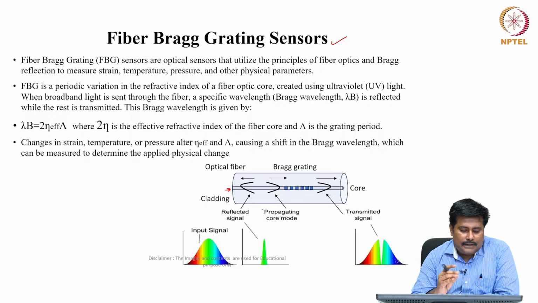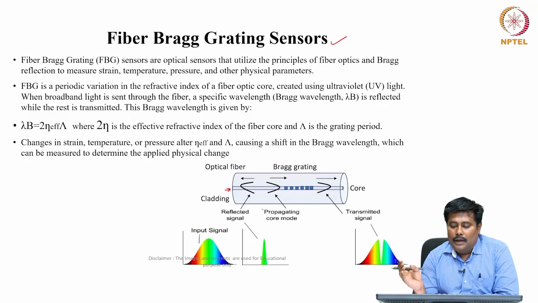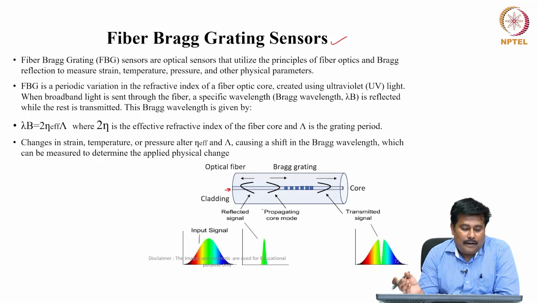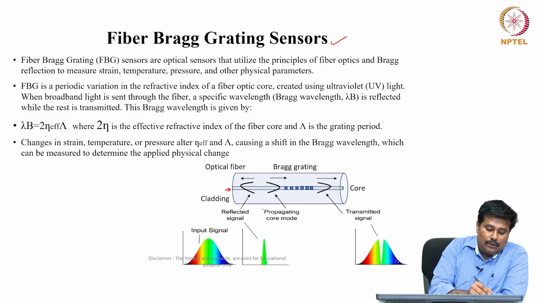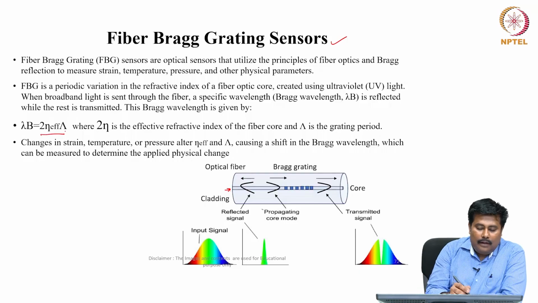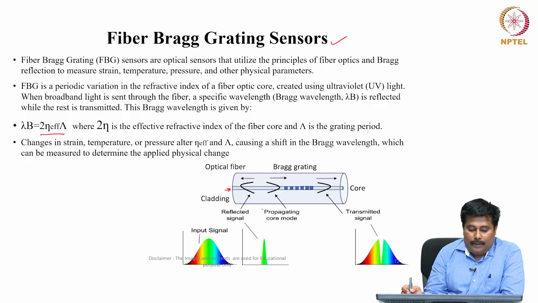The FBG is a periodic variation in the refractive index of a fiber optic core created using ultraviolet light. When broadband light is sent through the fiber, a specific wavelength, the Bragg wavelength, is reflected while the rest is transmitted. This Bragg wavelength is given by lambda_B equals 2 n_eff lambda, where n_eff is the effective refractive index of the fiber core and lambda is the grating period.